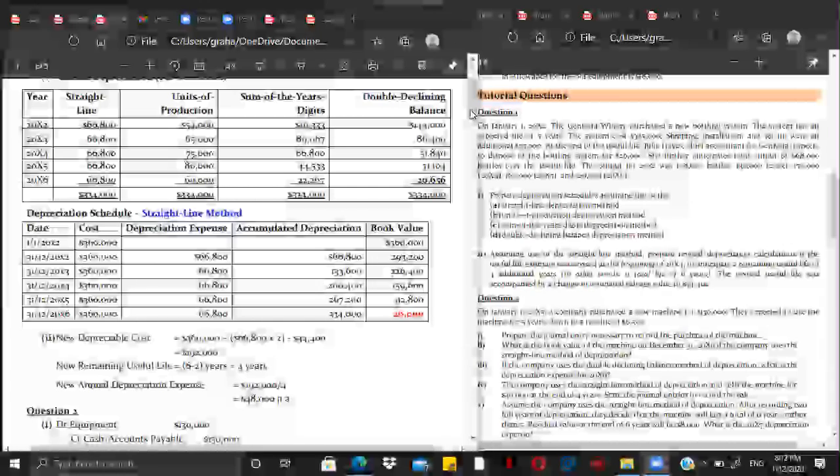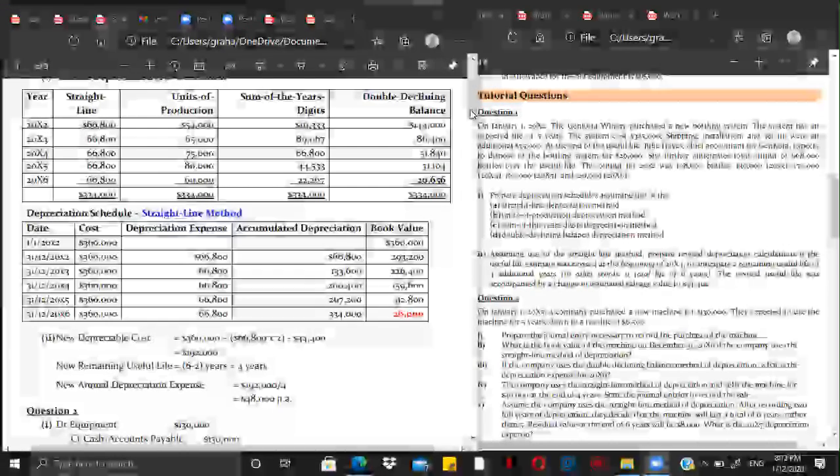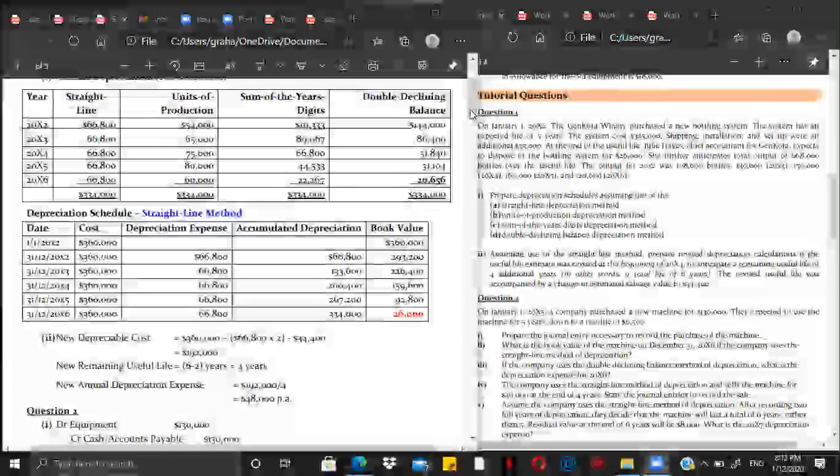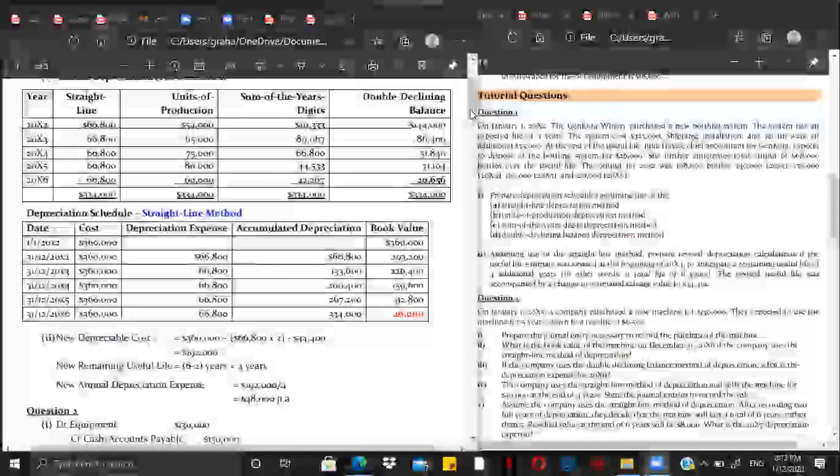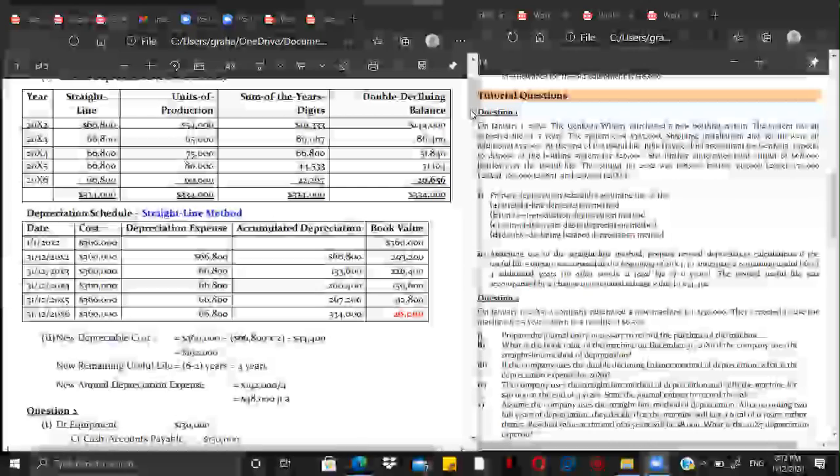Or you want me to repeat? You would do essentially the same thing for the rest of the years. Sure, I'll repeat. We calculated the depreciation expense per unit in the first part of the question, so now we use that to calculate the annual depreciation for the year.